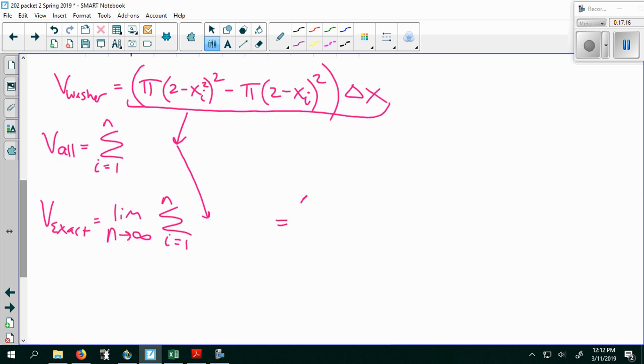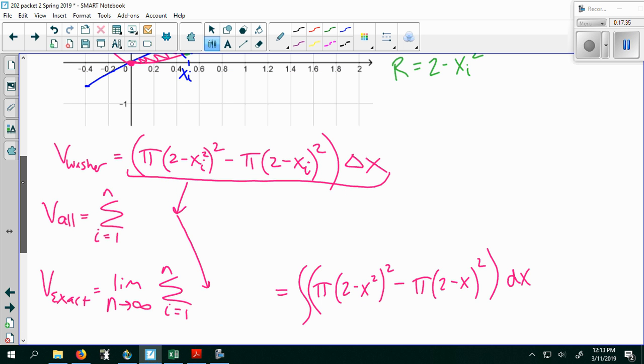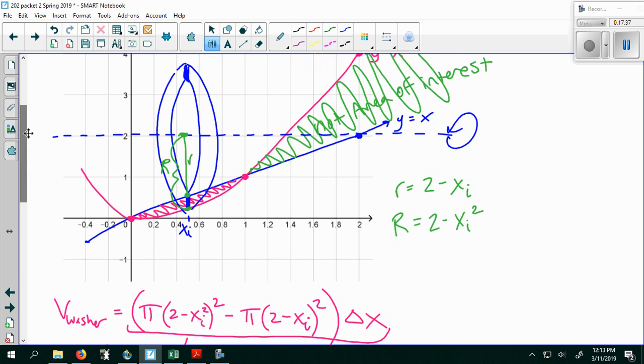So this equals the integral, and now I'm going to drop the x sub i's. So I have pi times (2 minus x squared) squared minus pi times (2 minus x) squared. And instead of delta x, I use dx. And then for the bounds of integration, I'm going to go back to my picture and think about where I'm stacking these washers.